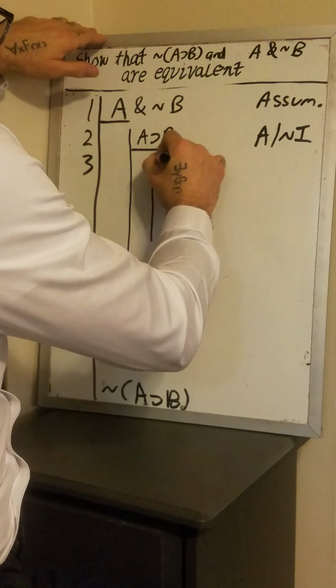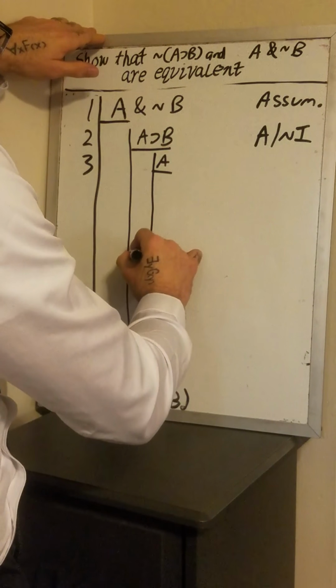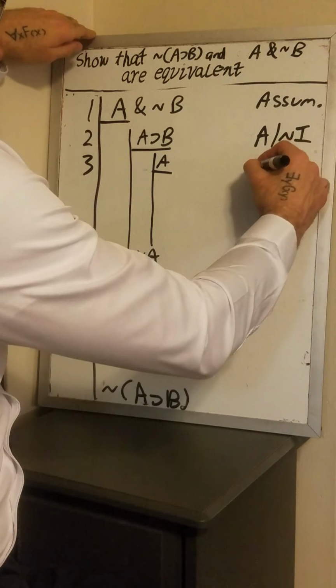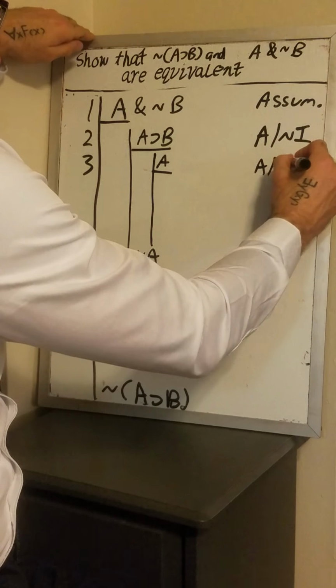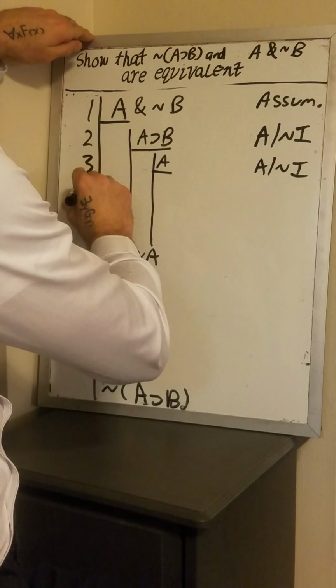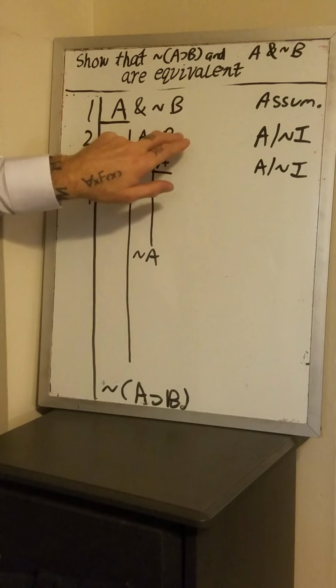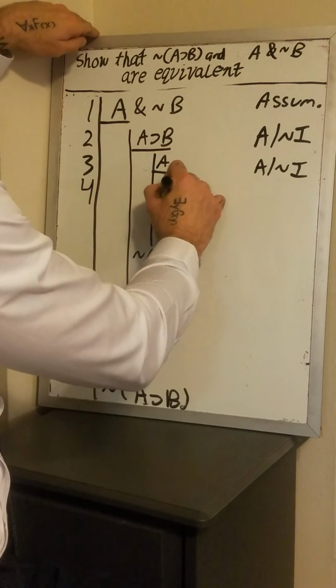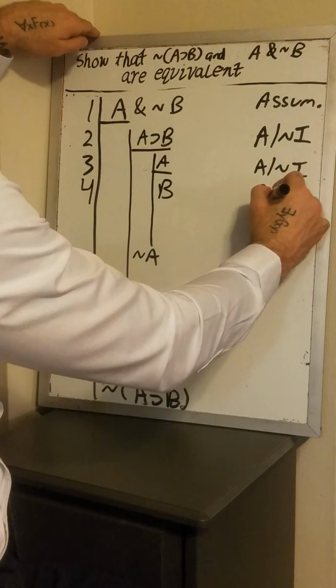We assume A, okay? What we're trying to get out of this is not A. So we're assuming it for purposes of negation introduction. On line 4, we get B, conditional elimination, lines 2 and 3.